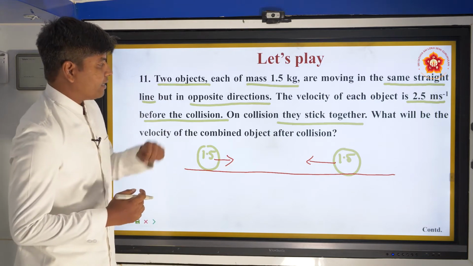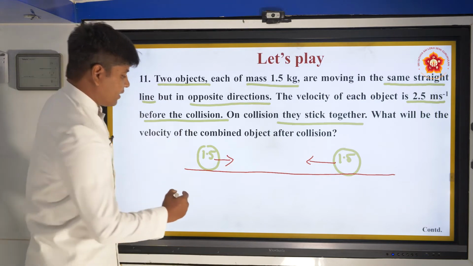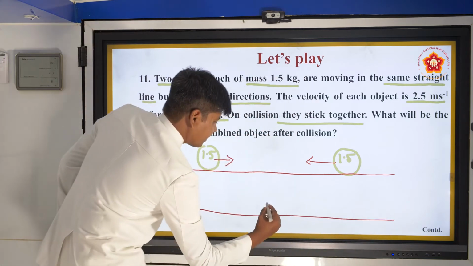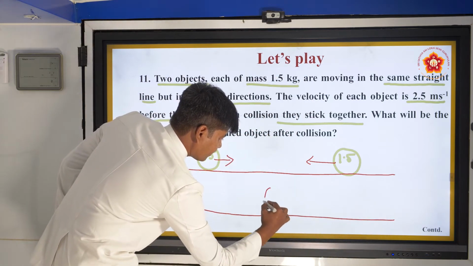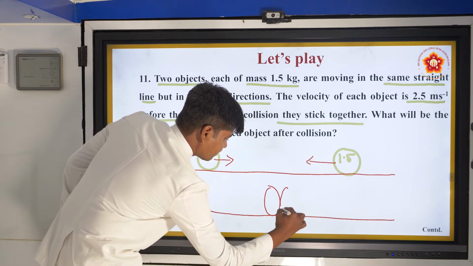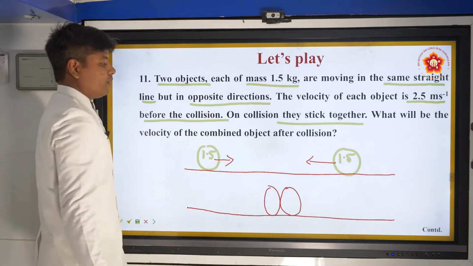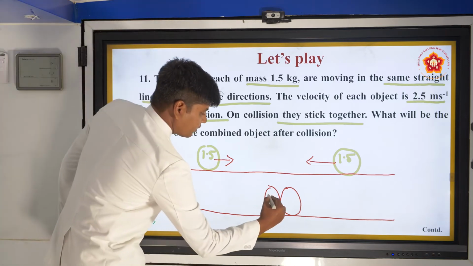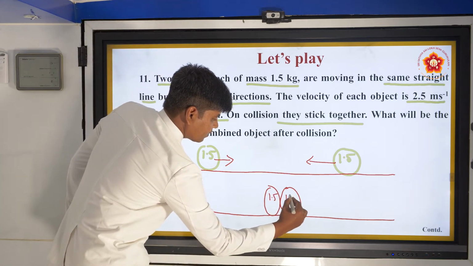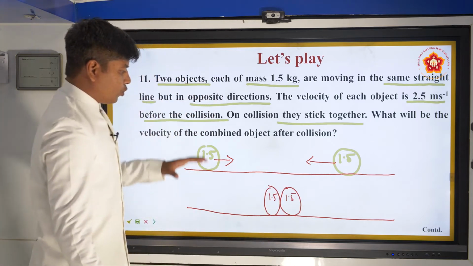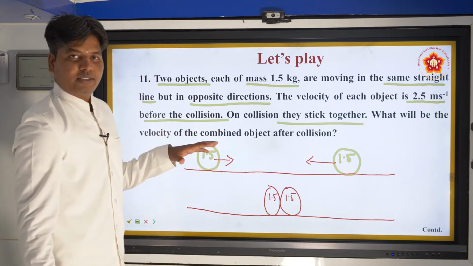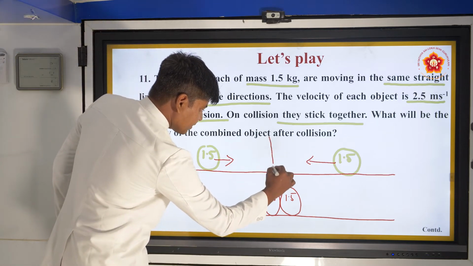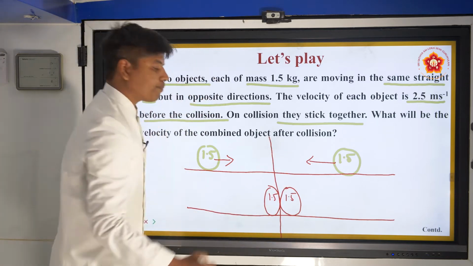Now he's telling that after collision they are sticking to each other. So you can see a symmetric situation here. If you draw a plane of symmetry, what is a plane of symmetry?